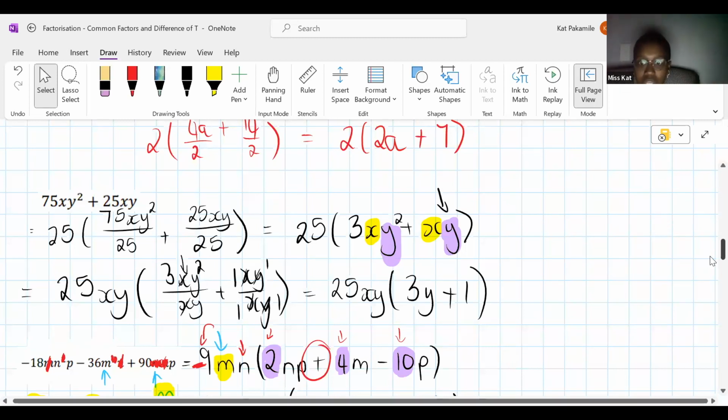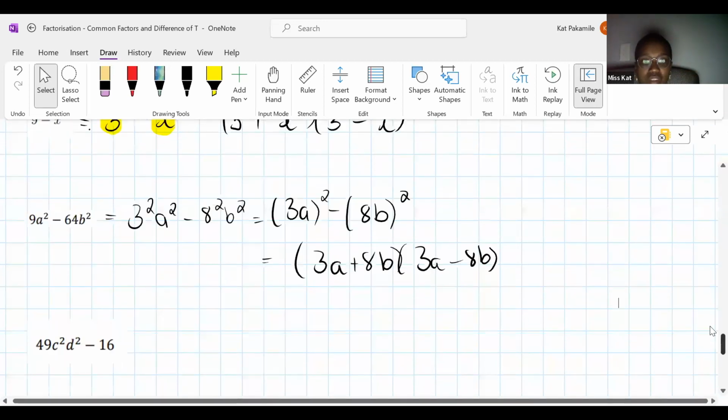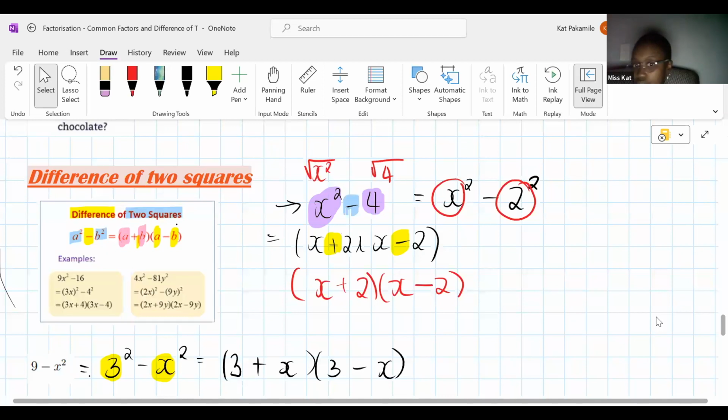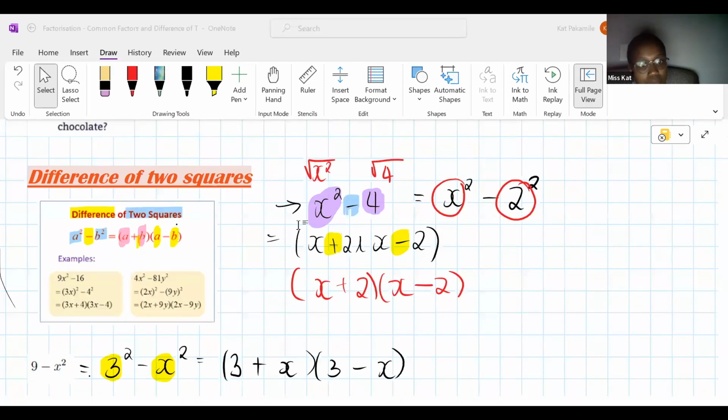If there is, you take it out. If there isn't, you move on to the list. You say, okay, if there's no common factor, is it a difference of two squares? And so on and so forth. So we're teaching you different methods that you need to be able to do. That was a great question. Okay, ma'am. Thank you. You're welcome.